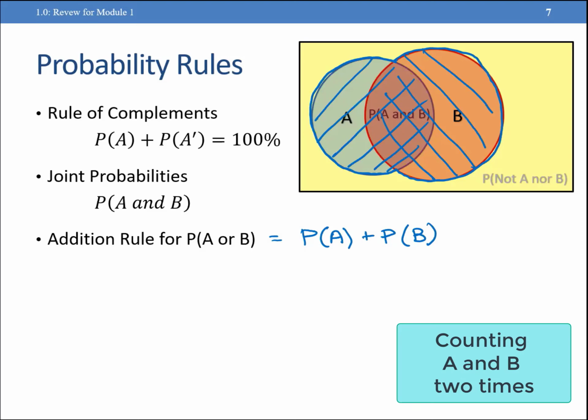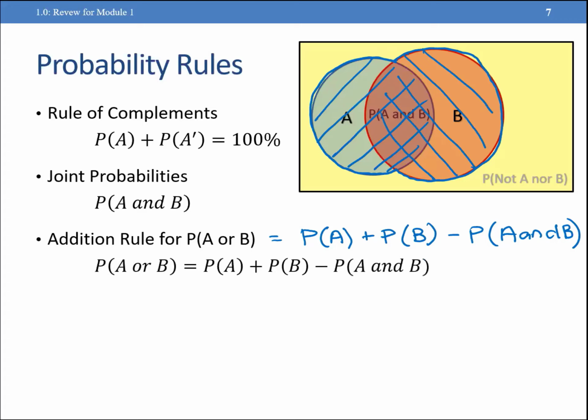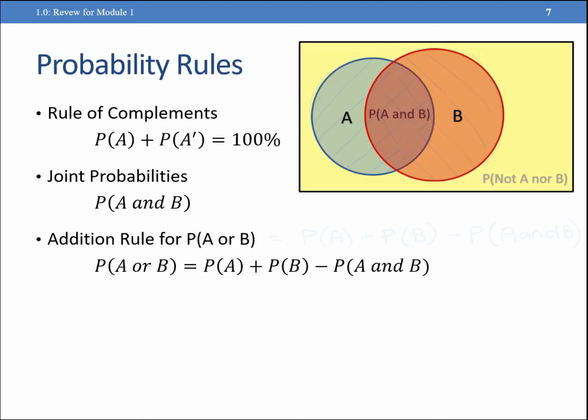Remember, we don't want to count the probability twice. And right here in the A and B, we counted it twice. So I'm going to subtract A and B because I counted it twice. So I'm going to subtract it once. So we get this relationship, which is just what I wrote. That's our OR probability.